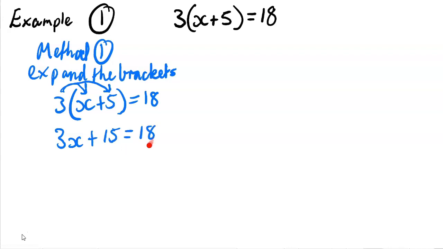Then I'd subtract 15 from both sides. So 3x equals 3, because 18 take away 15 is 3. Then I'd divide both sides by 3. So x equals 3 divided by 3, which is 1.